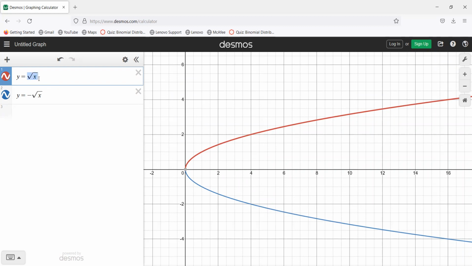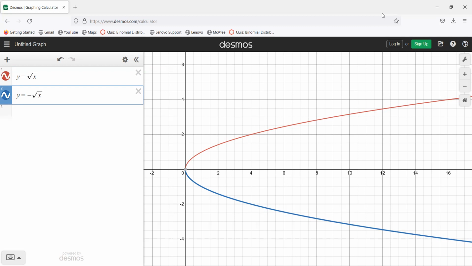If I plug in 1, I get 1. If I plug in 4, I get 2. Now I'm multiplying my y by a negative sign. My y values were originally positive. Now all of them are negative. So what did I do? I multiply y by a negative sign and I get reflection with respect to the x-axis.